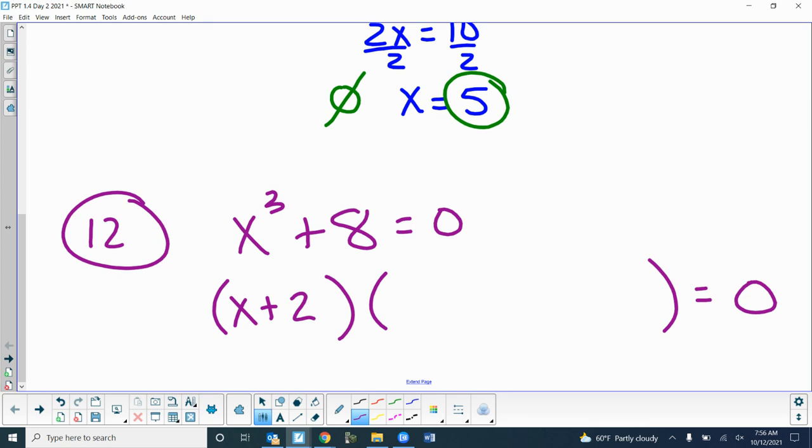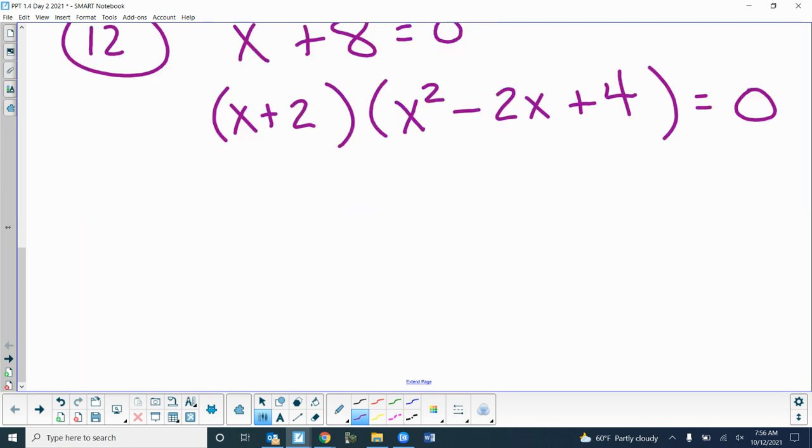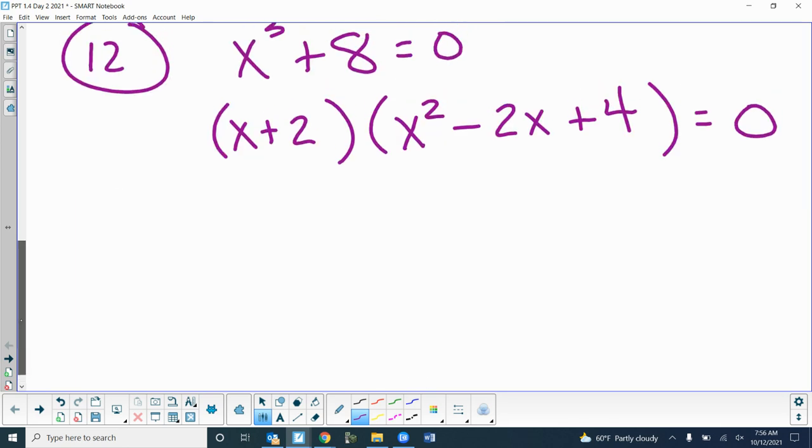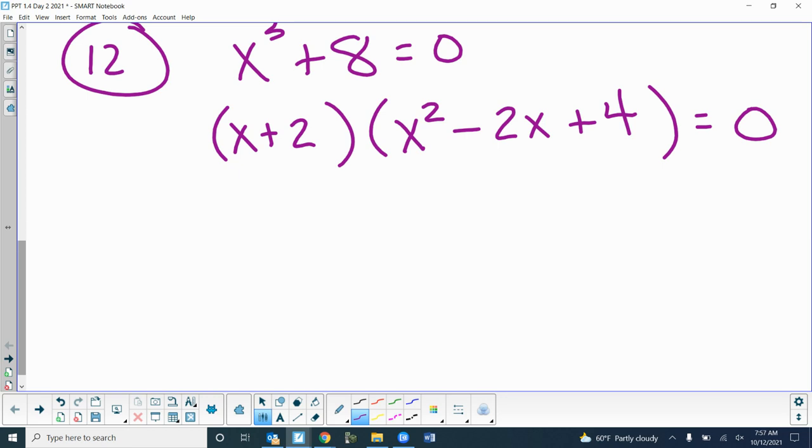X times x is x squared. Since this is addition in the binomial, the middle term of my trinomial is the opposite, so that's minus. And then I just multiply those. X times 2 is 2x. The third term is always addition of the trinomial, and I square the second term. 2 squared is 4. All right, so that's the factored part.